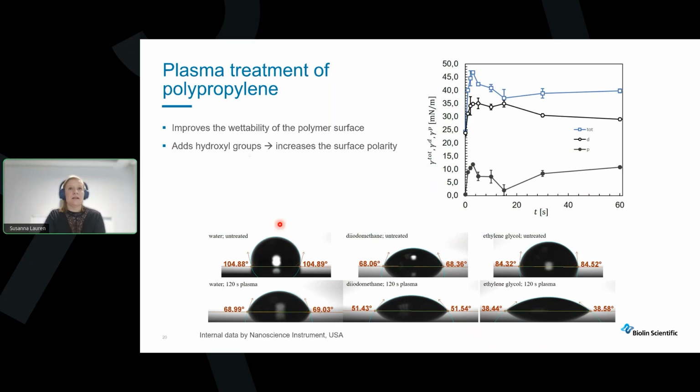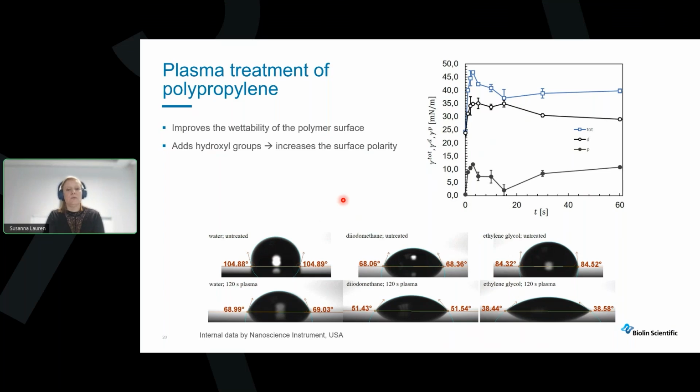And this can be seen by a quite significant decrease of the contact angles of polar liquids, so water and ethylene glycol. Also, the diiodomethane contact angle decreased a little bit, but there is a quite substantial decrease in the polar liquids.